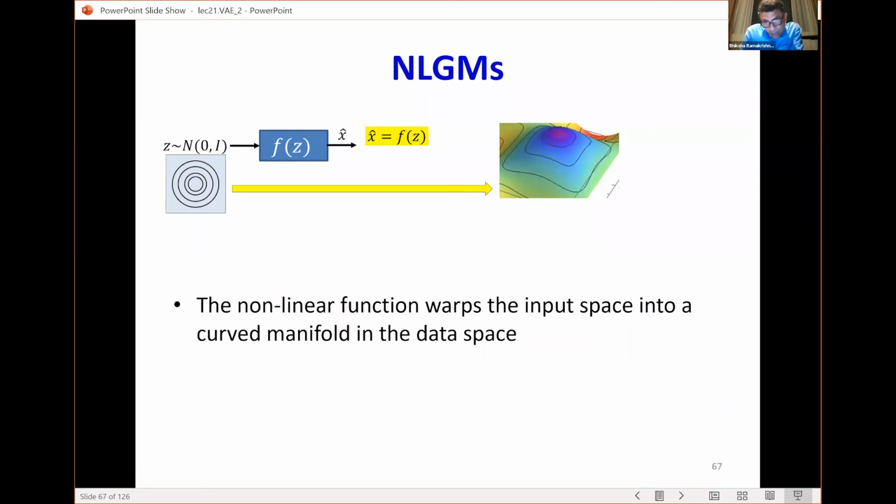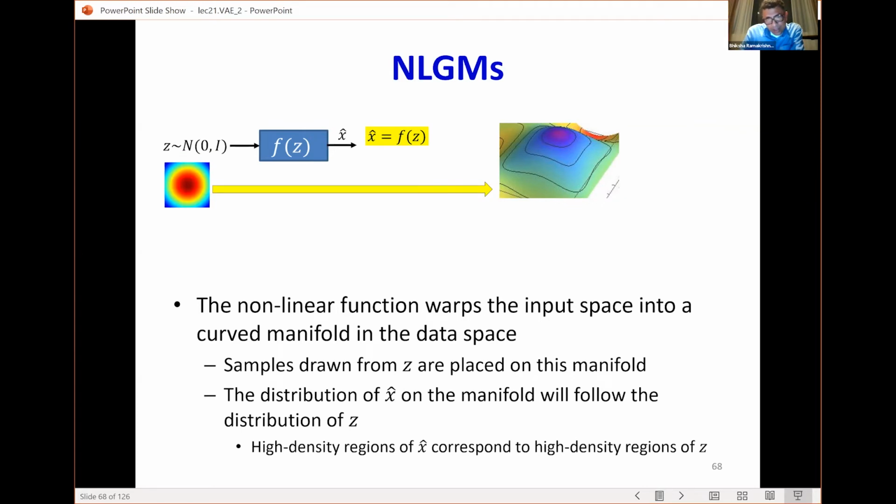So here is the generative story for nonlinear Gaussian models. You have a nonlinear function that warps this k-dimensional space, on which you have this k-dimensional isotropic Gaussian data, into a curved manifold in the final data space. Samples drawn from this input Gaussian are going to end up as samples on this curved manifold. High density regions over here are going to correspond to high density regions here.